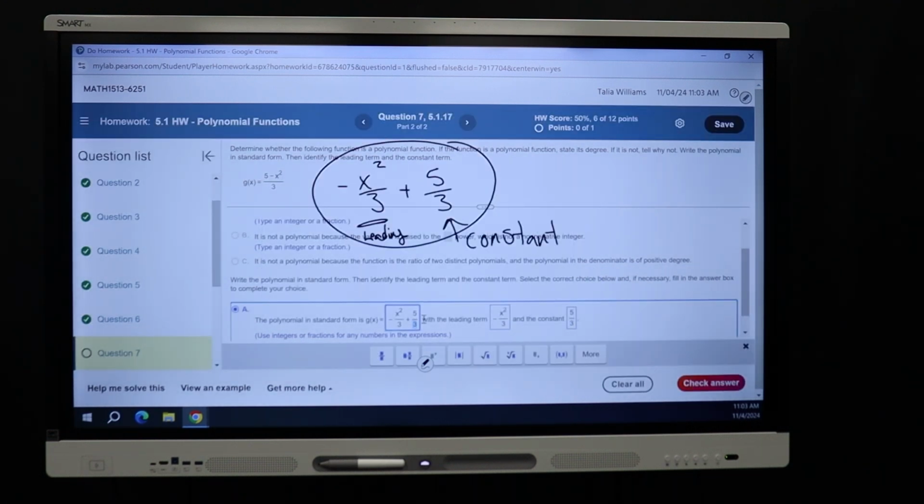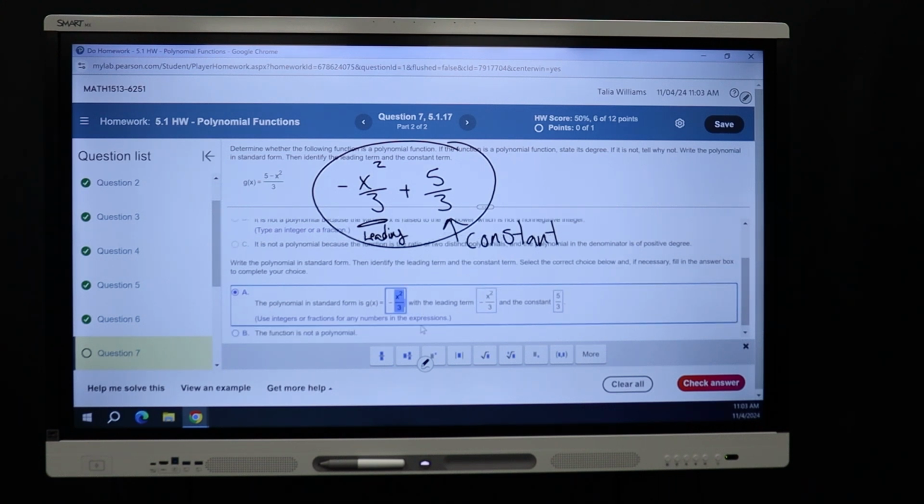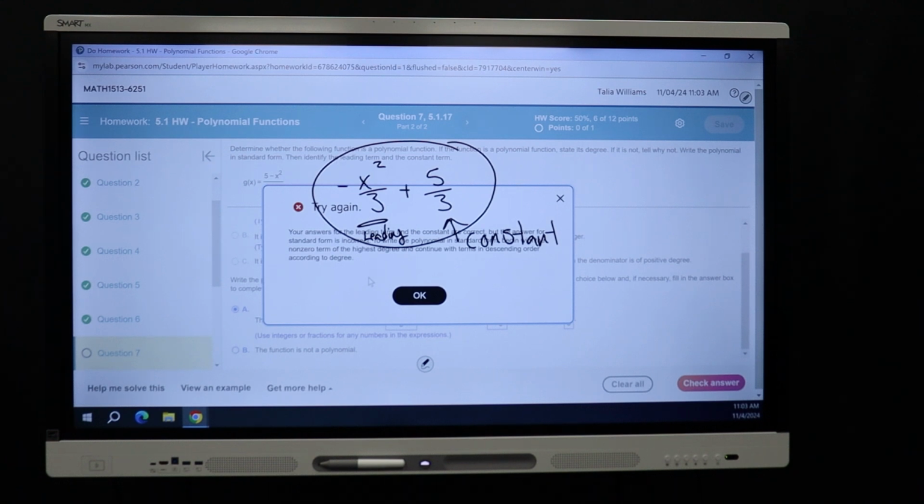Okay. I want to try right here and put it all over 3. Negative, well, here, let's get our fraction first. So I'm going to have negative x squared plus 5 over 3.